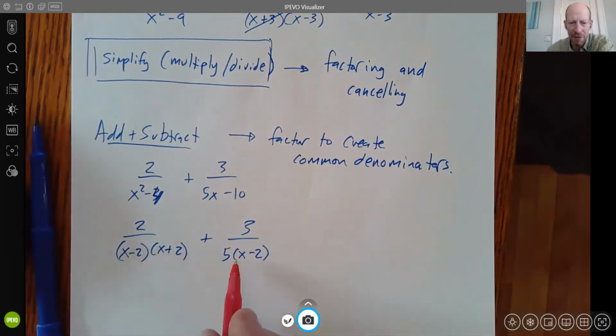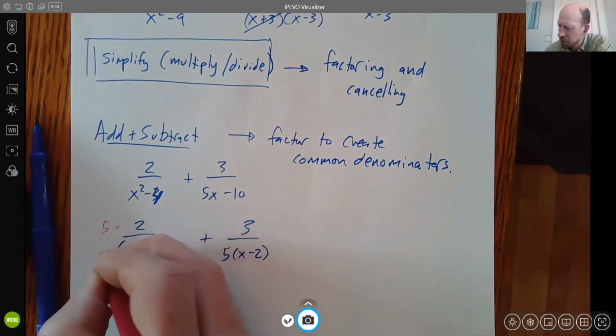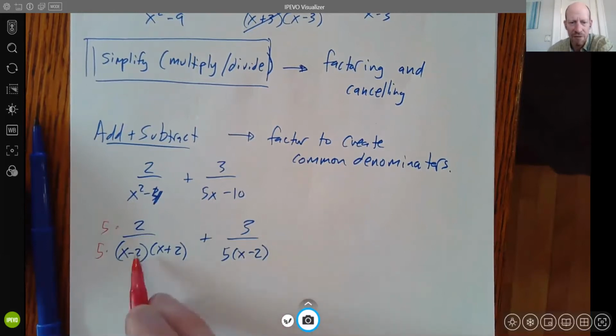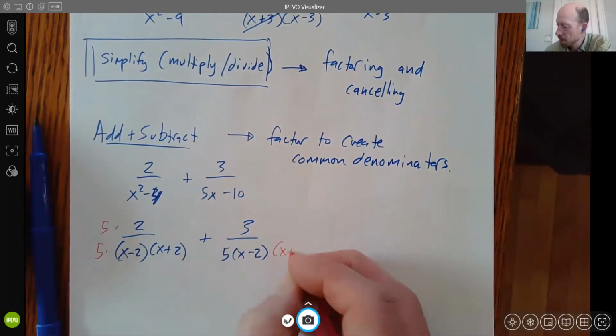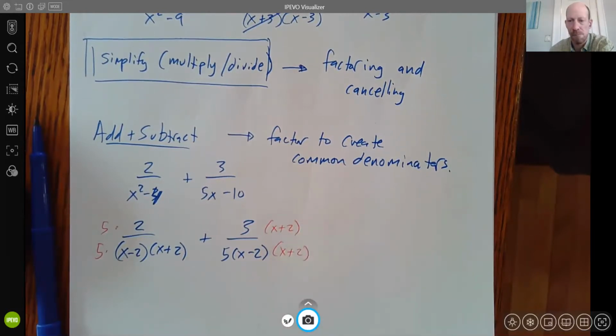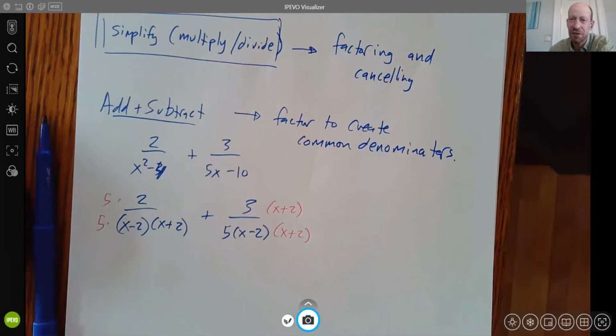Here, I don't have a factor of 5 in the denominator, so I need to multiply top and bottom by 5 to work towards that common denominator. And here I have a 5 and an x minus 2, but I need an x plus 2. Okay. So this is the very first and really important step.